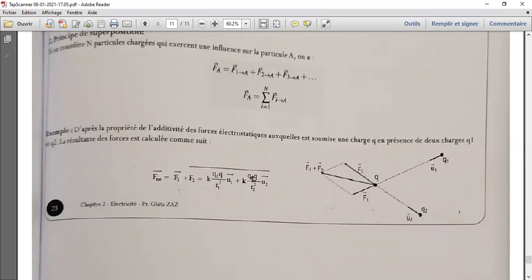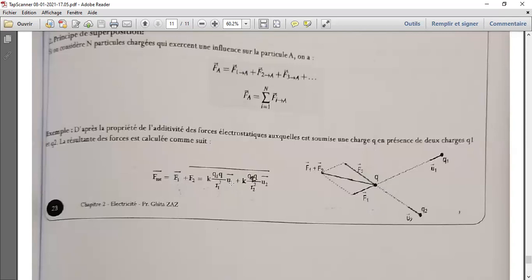Times Q1 times Q, divided by the distance between Q1 and Q, which we'll call x1 squared, then the vector U1. You should not confuse this: there are two ways to write your vector.